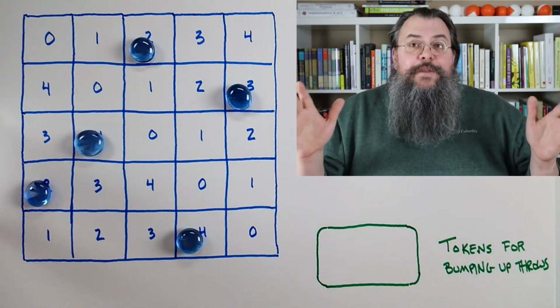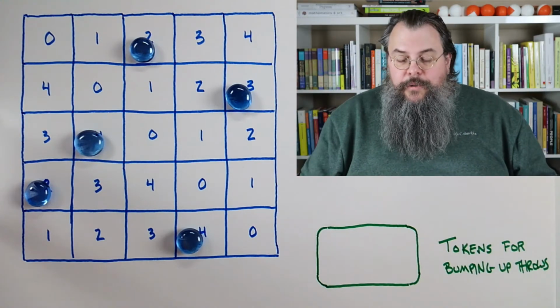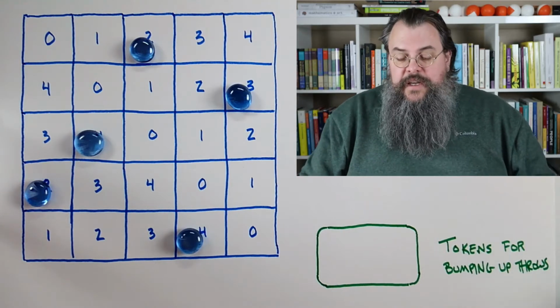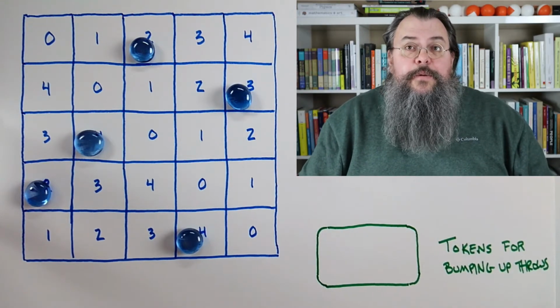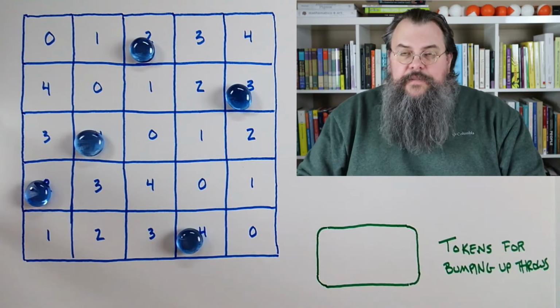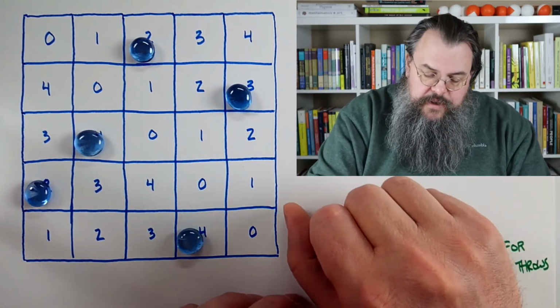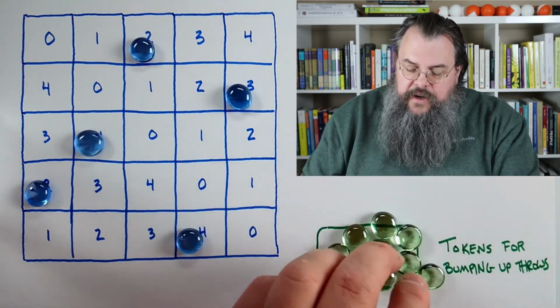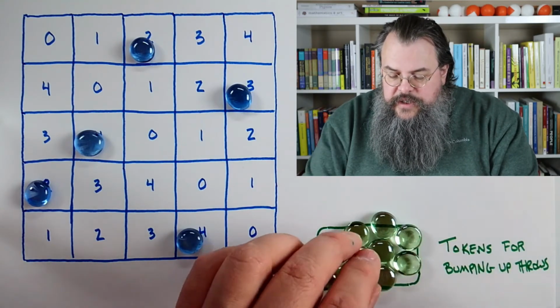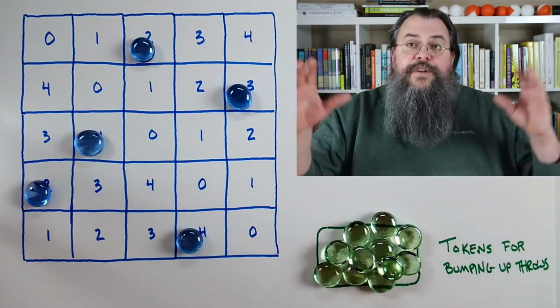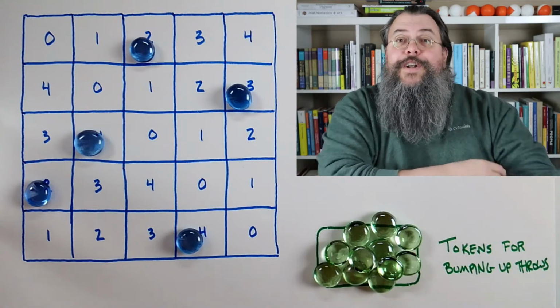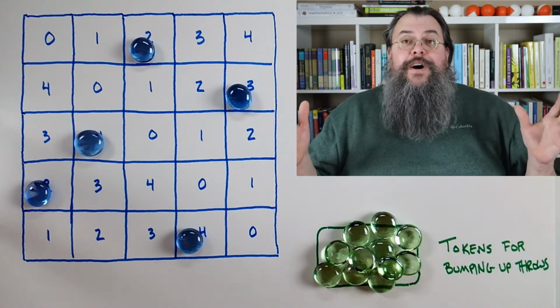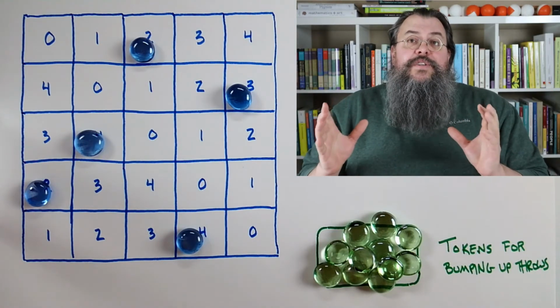All right, so how do we think of bumping up? Well, we can think of a collection of tokens available for us to use. So let's put our extra tokens here. In theory, of course, there are unlimited tokens available if we wanted. We could use as many tokens as we want. And what do these tokens represent?